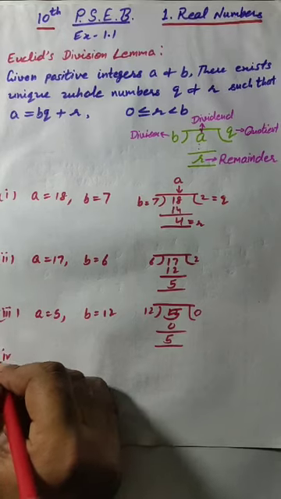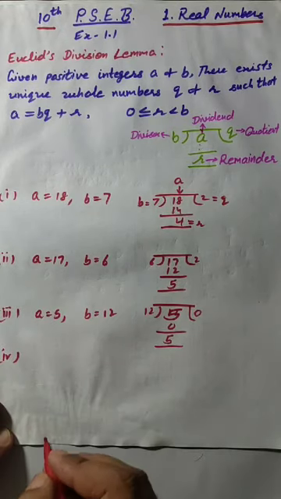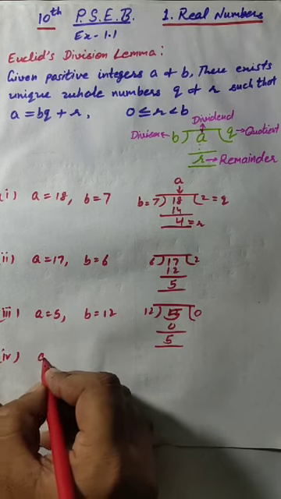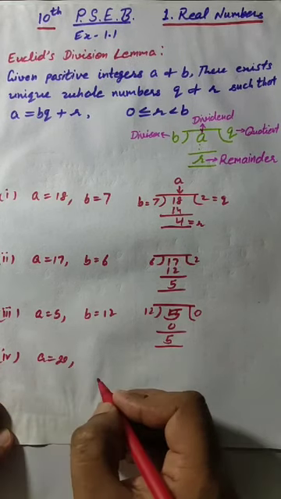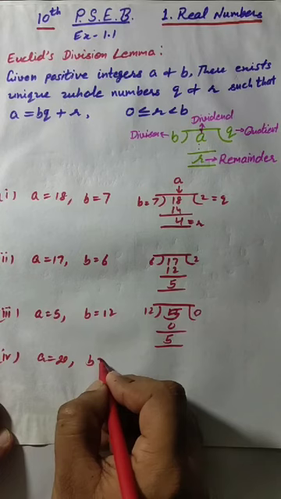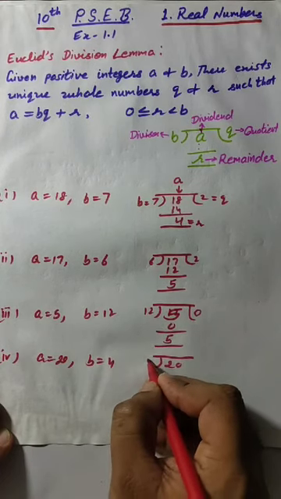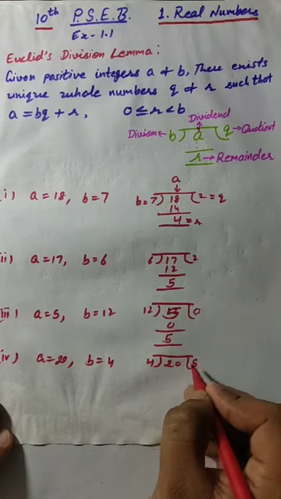And there is one more example, when a is 20 and b is 4. Let us divide this, 20 divided by 4.